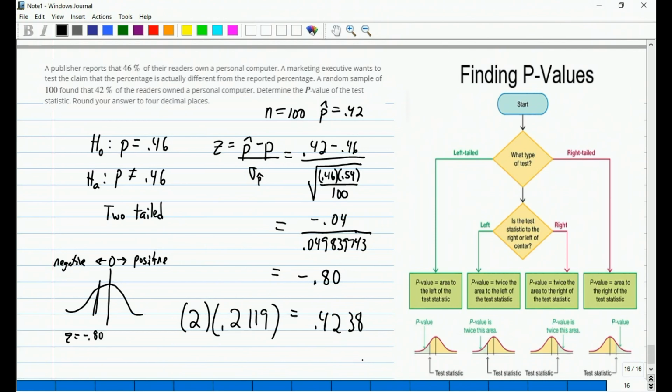I'm going to double check everything real quick because I have a slight difference in my answer. So I'm just going to type my stuff back in again and double check my values.